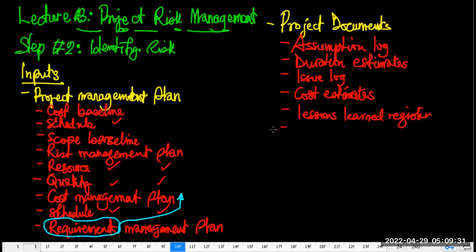Lessons you've learned from previous related projects, which you've documented. You can make reference to that document to see lessons you've learned, and that will help you to identify risk with respect to the new project.